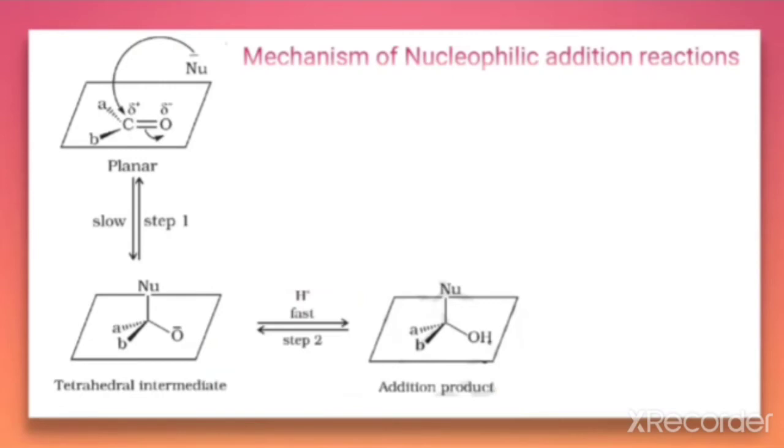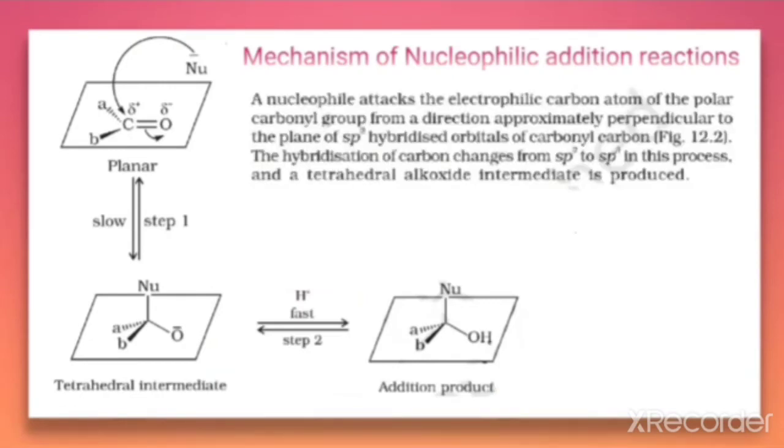This is what is explained in the textbook. A nucleophile attacks the electrophilic carbon atom of the polar carbonyl group from the direction approximately perpendicular to the plane of sp2 hybridized orbitals of the carbonyl group, as shown in the figure. The hybridization of the carbon changes from sp2 to sp3 in this process, and the tetrahedral alkoxide intermediate is formed.